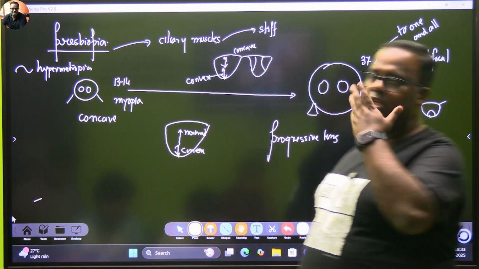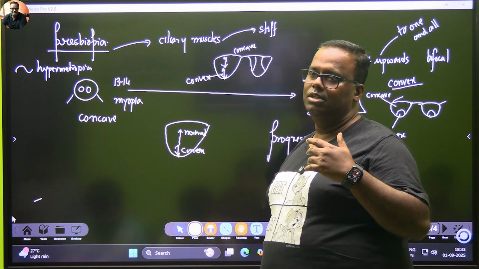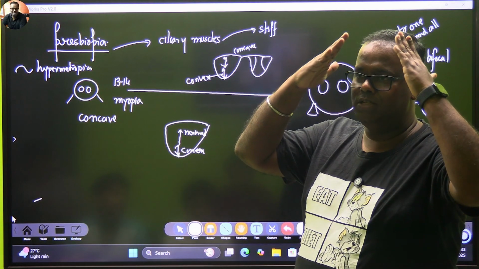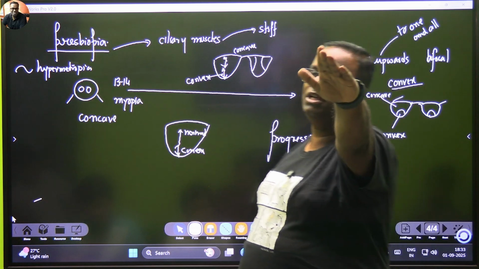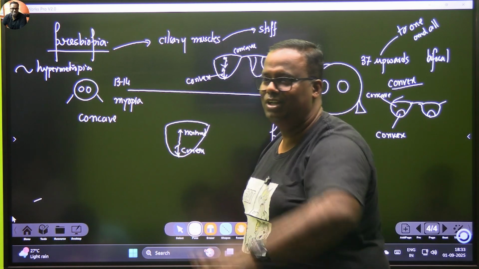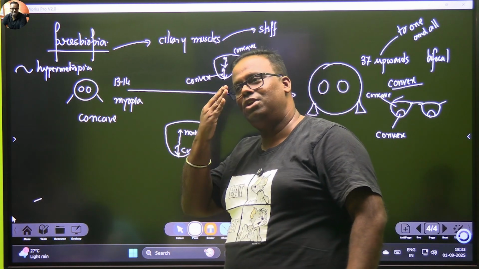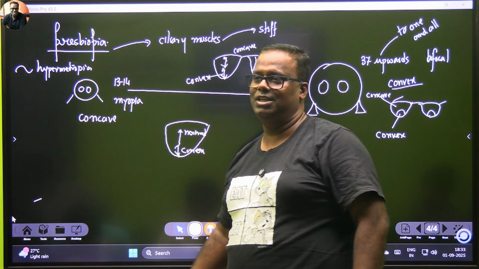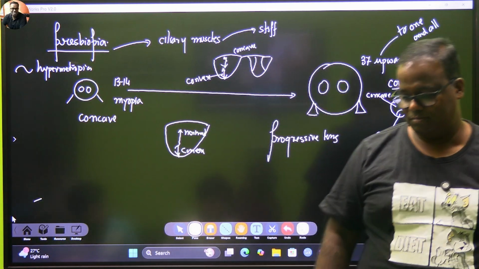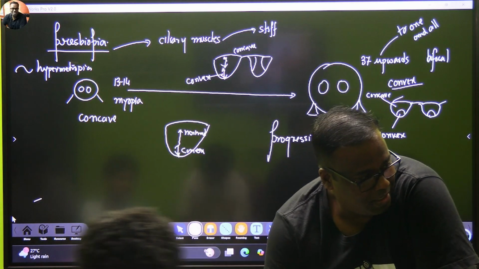And if you want to use it every time and feel comfortable about it, then you need to go for progressive. And if it's someone like a Mishka or a Shreyas or an Abhiyan or an Abhigya, you have to go for progressive, because this will remain. God will give you another one at 37 years of age. Interesting? Very good. Okay.